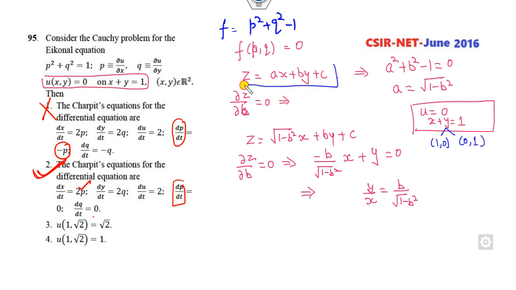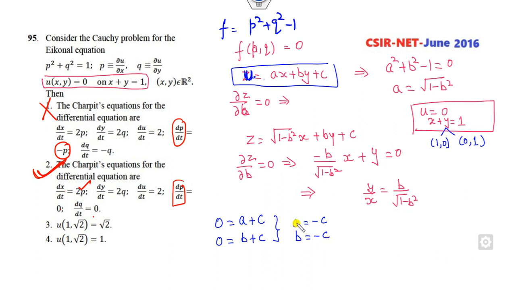I can substitute these values here. When u is 0, x is 1, y is 0, so this is a plus c. On the other hand, this is b plus c. So from here you can see a is equal to minus c, and b is equal to minus c.